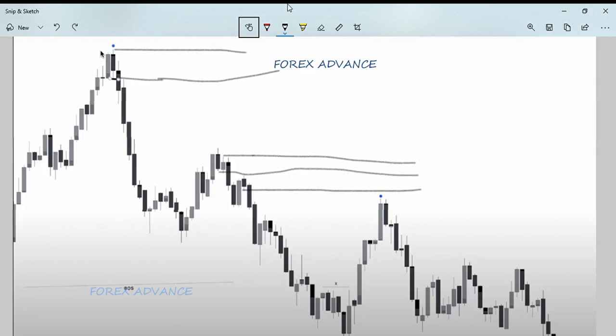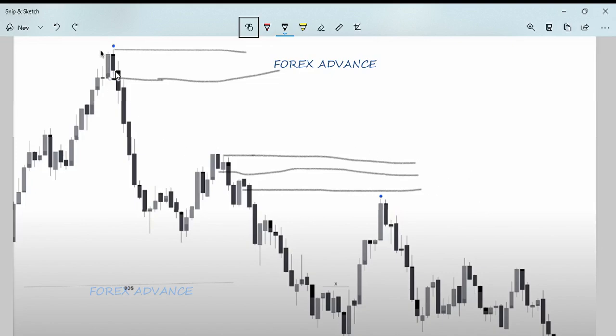Guys, there is one more important thing, as I already told you in our previous videos, that the market tries to fill its gaps, it tries to cover its gaps. The larger the gap is, the larger the imbalance is, the greater the chances of the market coming back to that specific point.